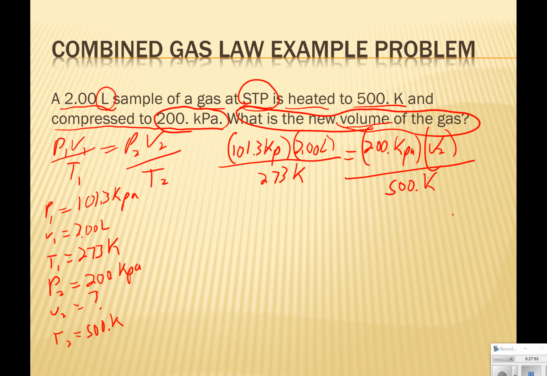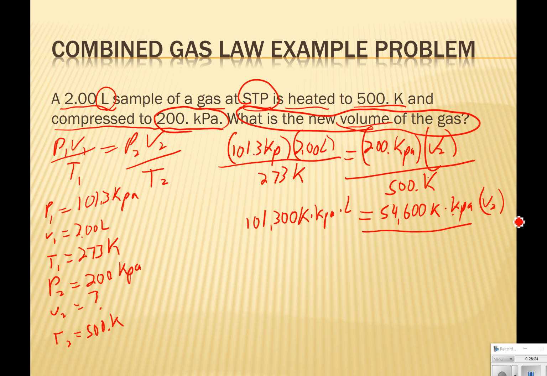Now this comes out to, after we cross multiply, and we're left with units, and I want you to see this, of Kelvin times kPa times liters, and that is equal to 54,600 Kelvin times kPa, and our V2.